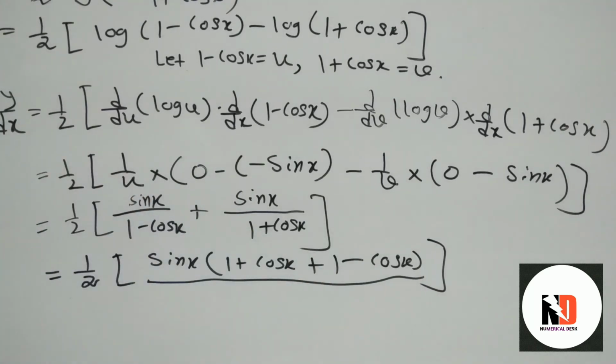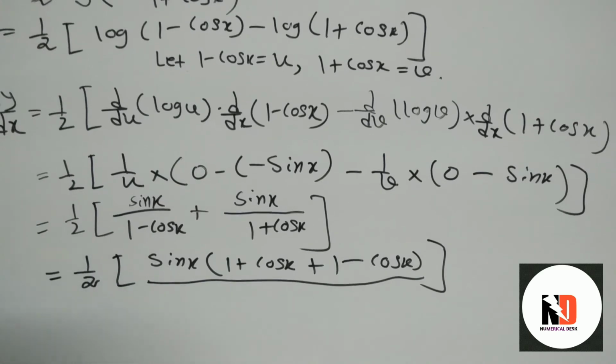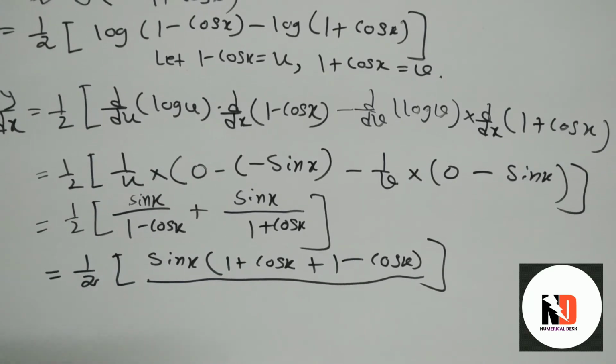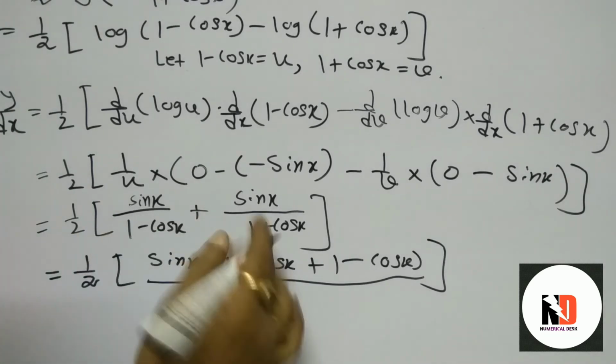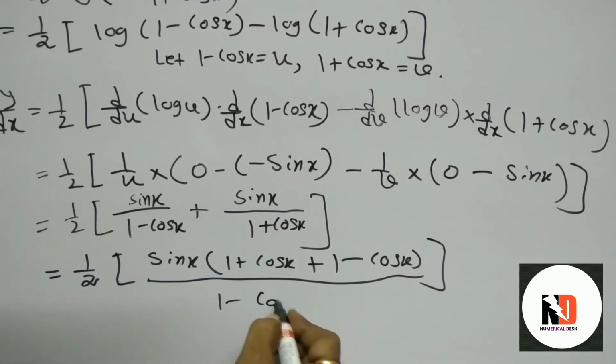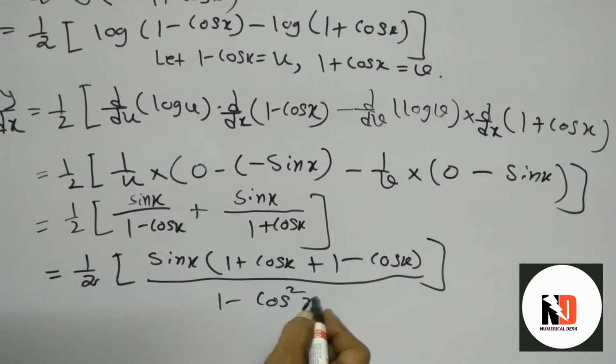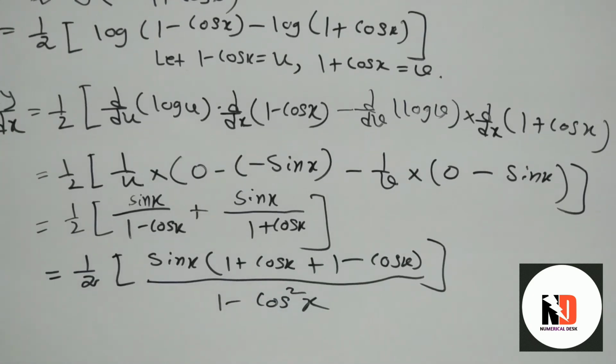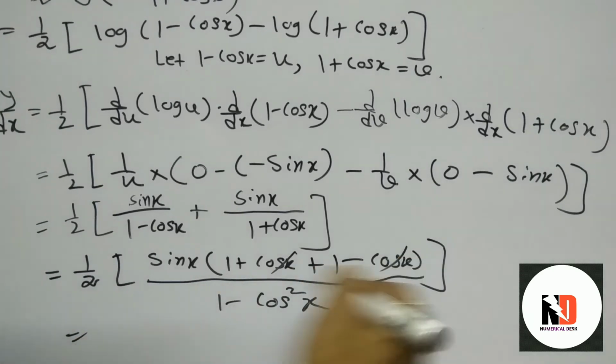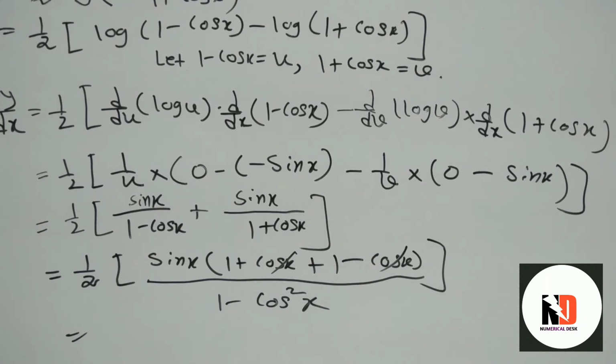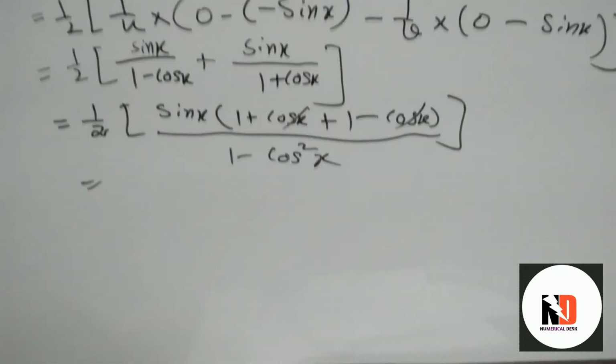Let us write down the LCM now. So follow this. 1 plus cos x into 1 minus cos x equals a square minus b square, which we have applied here, very easy. So the cos x terms cancelled.